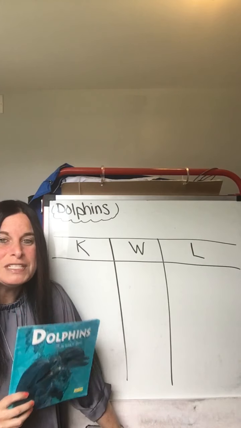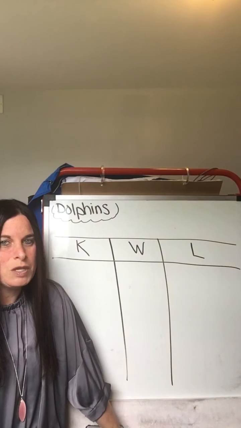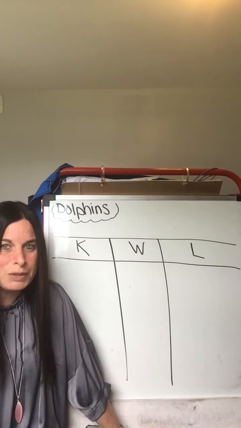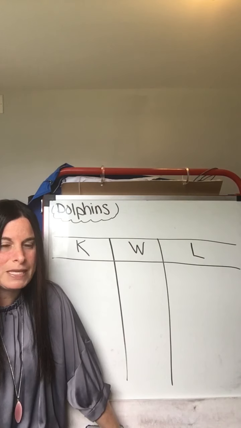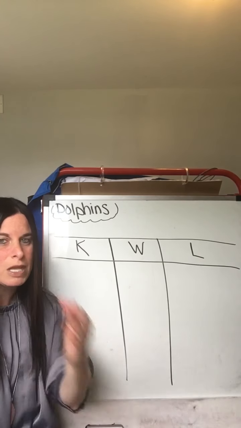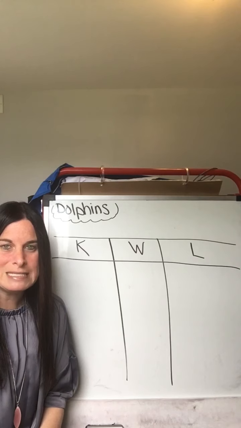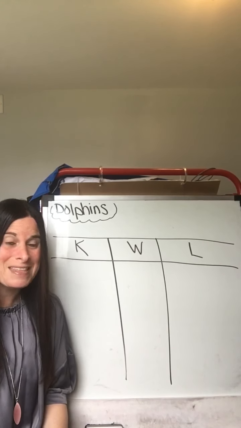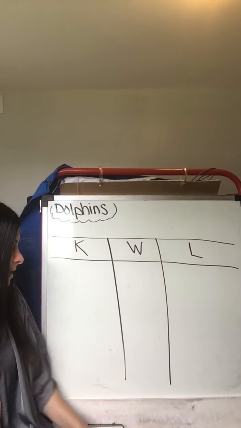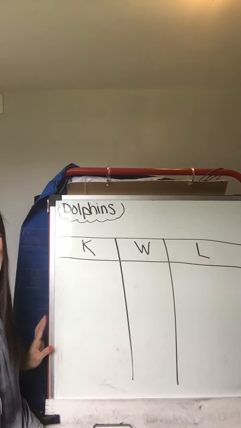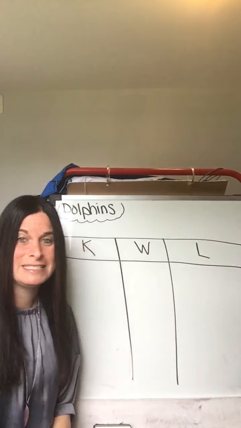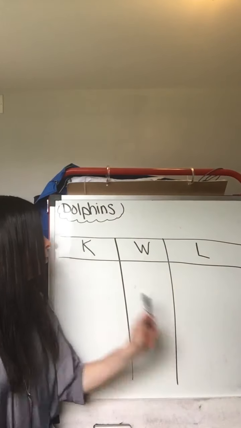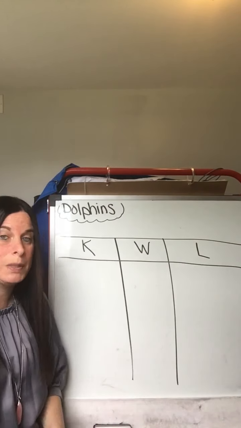So the first thing I want to do to get started, usually when I like to begin a unit or when we're studying about something, is do the KWL chart. Do you remember that we did this when we started studying about butterflies? So, remember, the K, boys and girls, stands for what do I know?